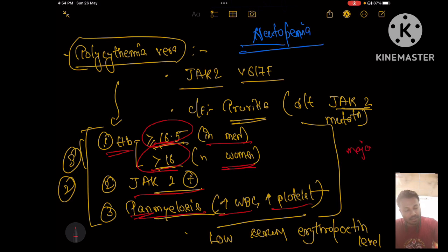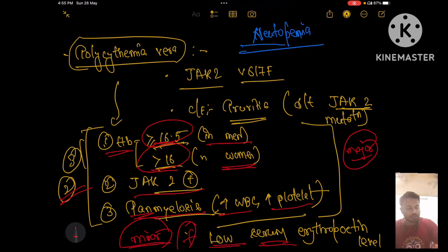These are major criteria. It should be three major criteria or the first two major plus one minor criterion, which is low serum erythropoietin level. It is a very important MCQ.